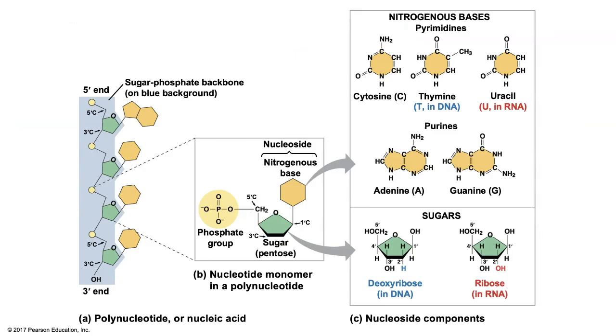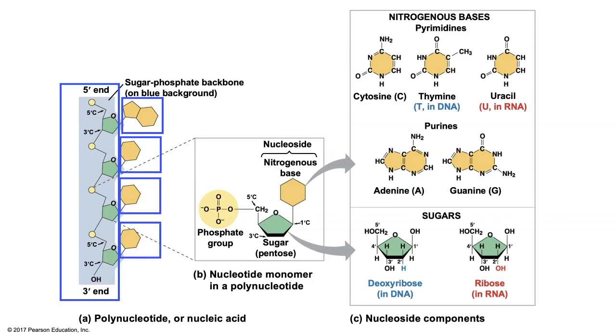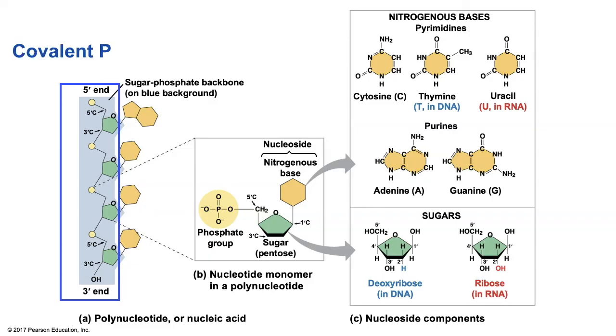These links create a backbone of sugar phosphate units with nitrogenous bases coming off as appendages into the center of the double-stranded DNA molecule. And just to reiterate, the phosphodiester linkage again is a covalent bond.